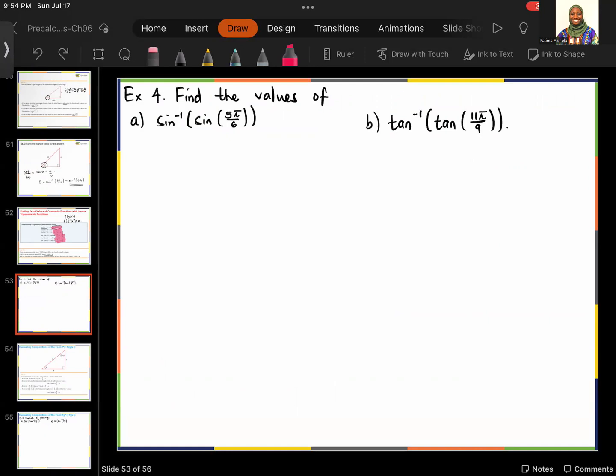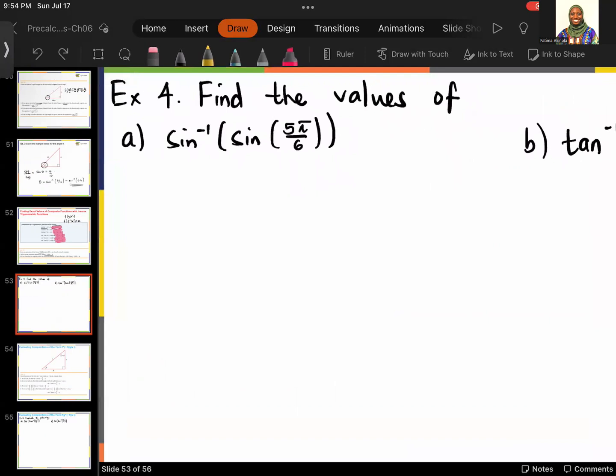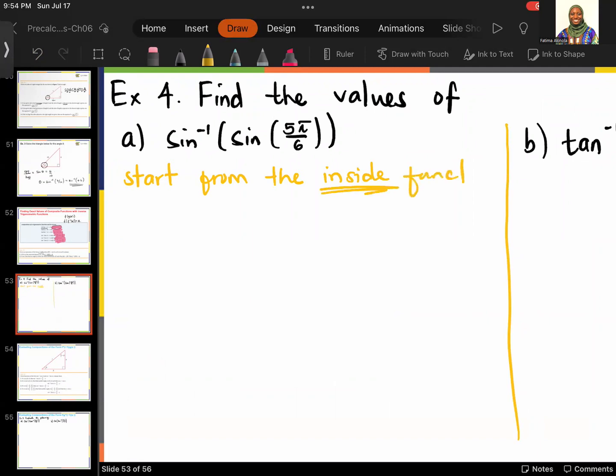You always start from the inside, the same way we dealt with composition functions. You can go back to look at those lessons on composition functions. You always start from the inside function, and in this case, it is sine of 5π/6.